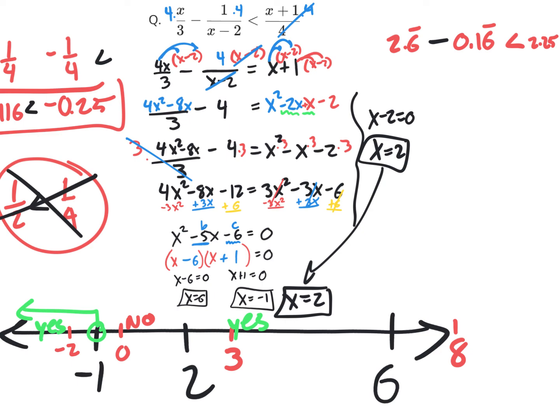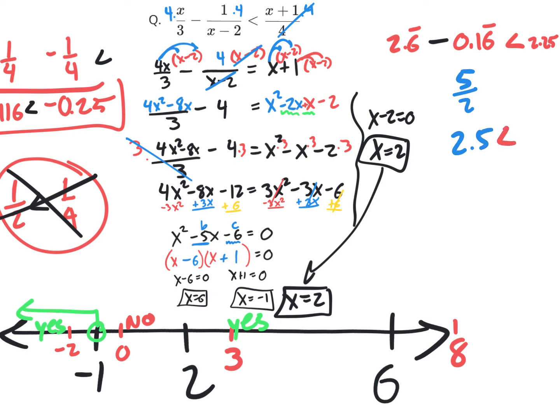All right, so if I take 2.66, take away 0.16, that gives us 5/2, which is 2.5.